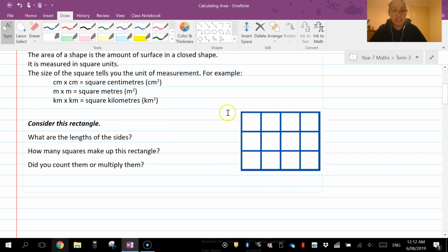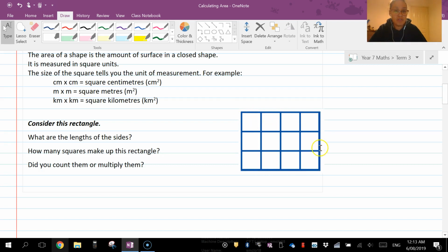So if we have a look at this rectangle here, we can see it's got 4 squares across. Now we can assume that they are centimeter squares, so there's 4 centimeters across here and 3 centimeters here. This is where your multiplication comes in really handy, because essentially what you've done is set up an array.